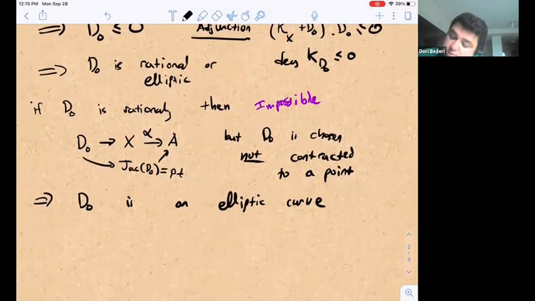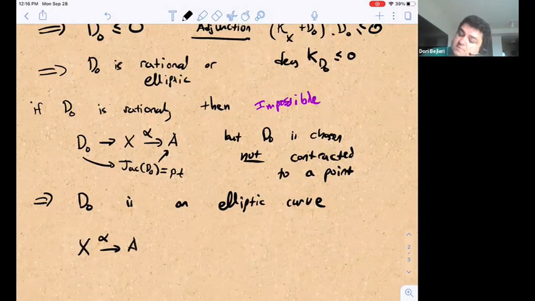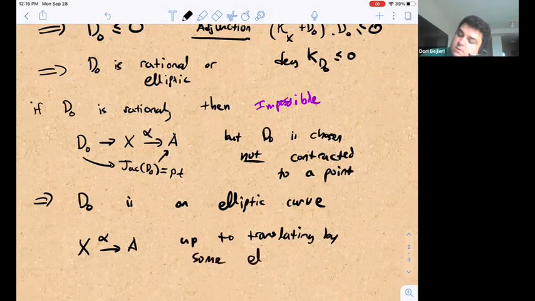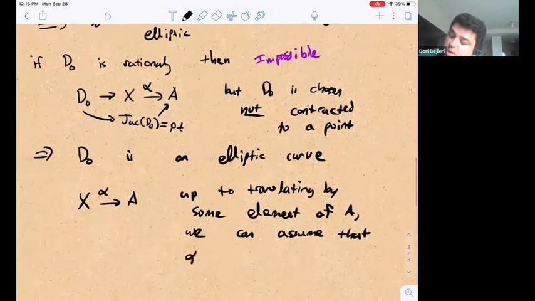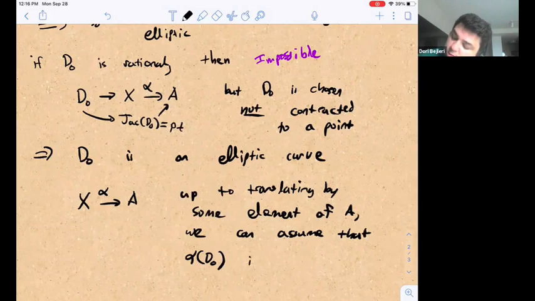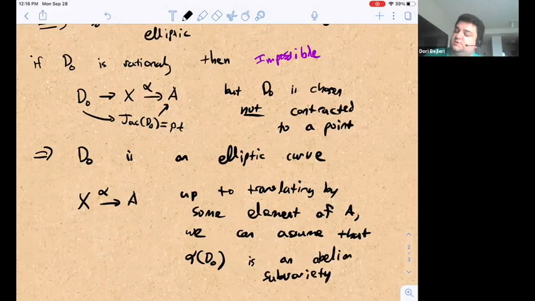So if we look at x mapping to the Albanese by alpha, up to translation by some element of A, we can assume that the image of this d0, which is also some curve, is an abelian subvariety, meaning that it's actually a subgroup in the group structure.